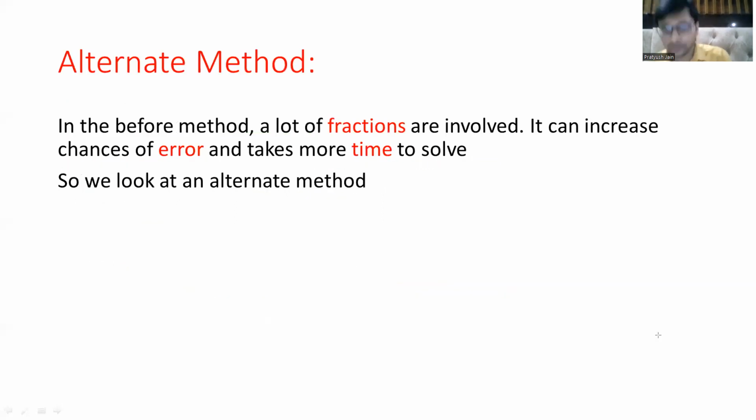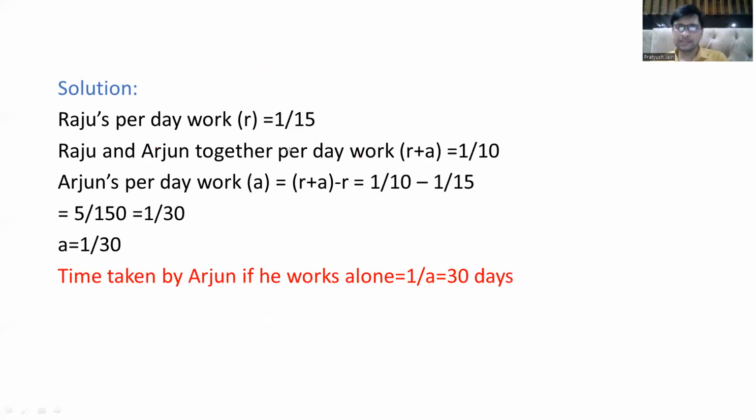Now, notice this. In this question and in the question before, we had a lot of fractions involved: 1 upon 15, 1 upon 10. We have a lot of calculations involving fractions, 1 upon 10 minus 1 upon 15. In the previous question, 1 upon 8 plus 1 upon 10, things like that.